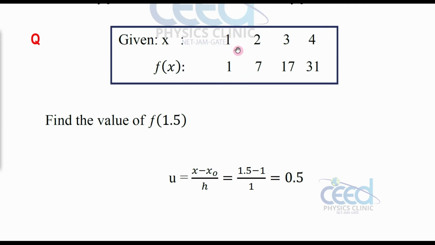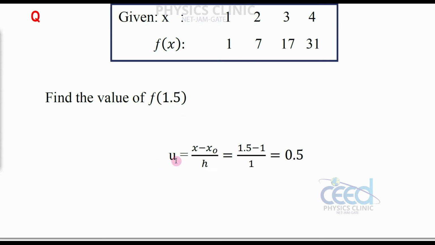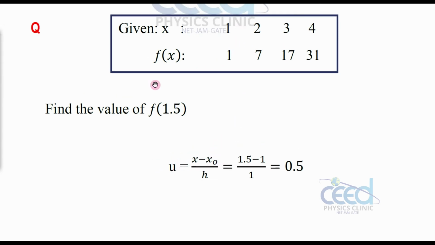F of 1.5 means the x value is between 1 and 2. So I am defining this increment value. We choose x as 1.5, so x minus x0 by h, where h is the width of each interval, that is 1.